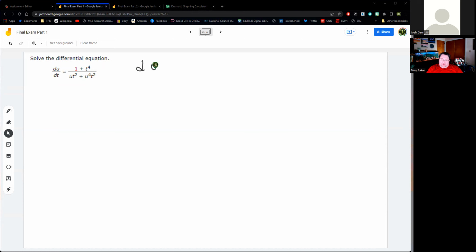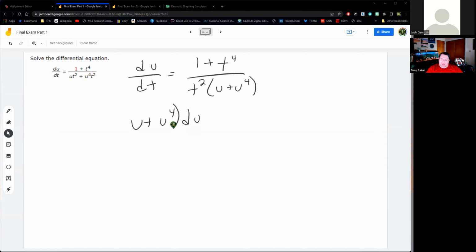So I have du over dt equals 1 plus t to the 4th over, and I can take out the t squared, and I'm left with u plus u to the 4th. So now I can move my u plus u to the 4th over to the other side. And on this side, I'm left with 1 over t squared plus t squared dt.